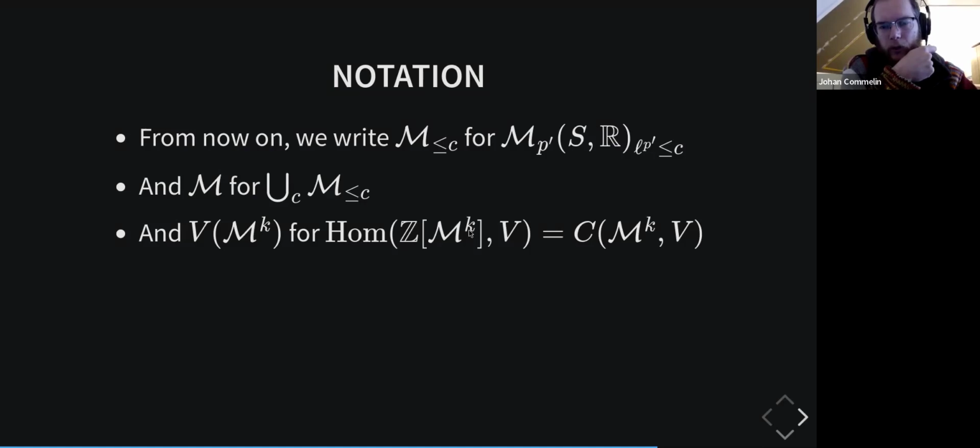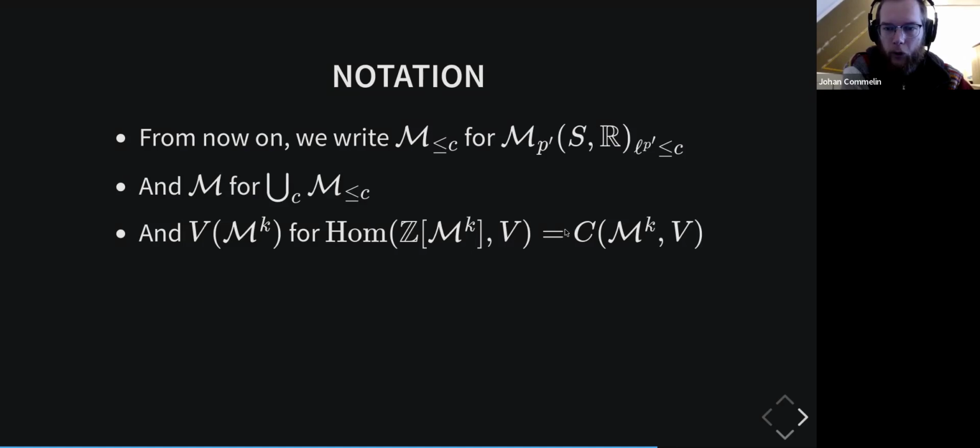So that's just going to be the same thing as maps from M^K to V, but not just arbitrary maps. They have to be continuous maps because we're in the category of condensed abelian groups, where, well, that's basically the definition. If you treat a p-Banach space as a condensed set, you look at continuous maps into V. Right, so in the end, we have a complex built out of taking continuous maps into V.